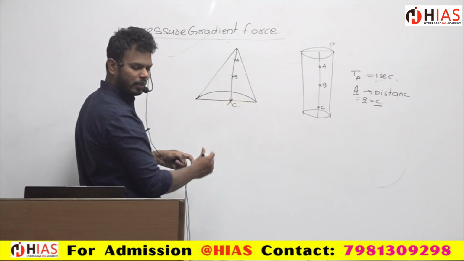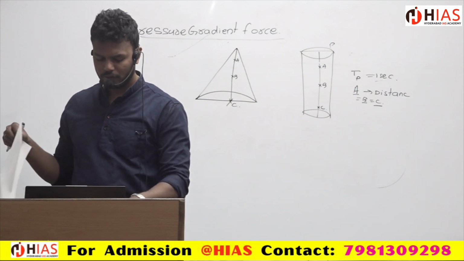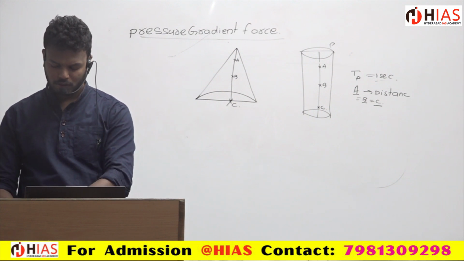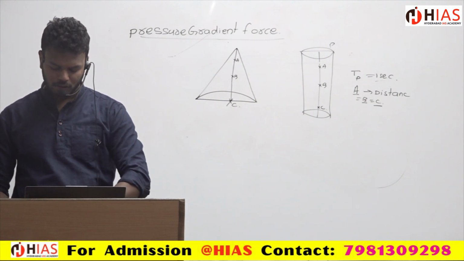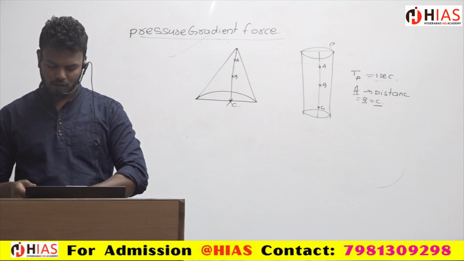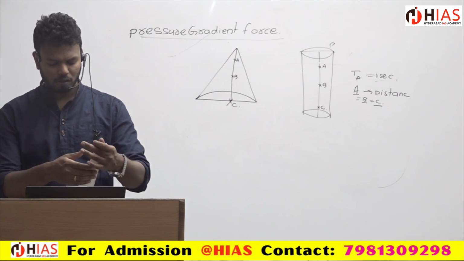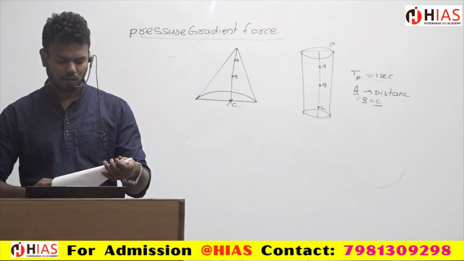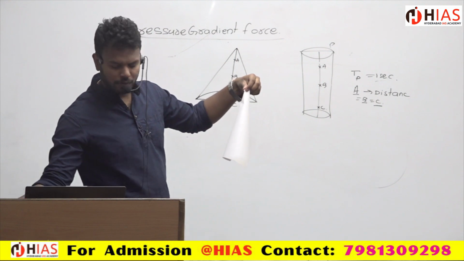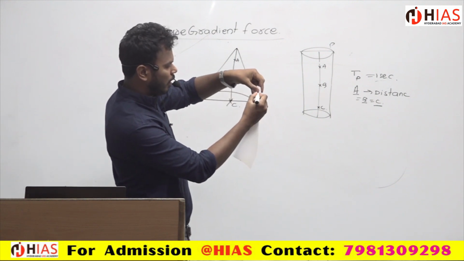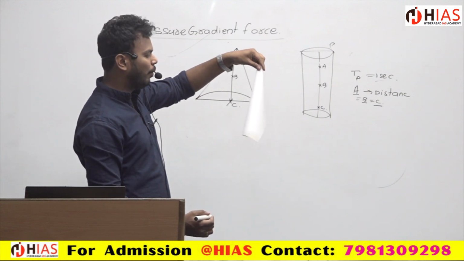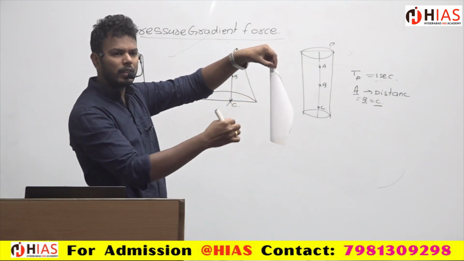Now just imagine this cone. This is a cone, and I'm keeping a point over here: A, B, and this is C. I am completing one full rotation in a particular time.